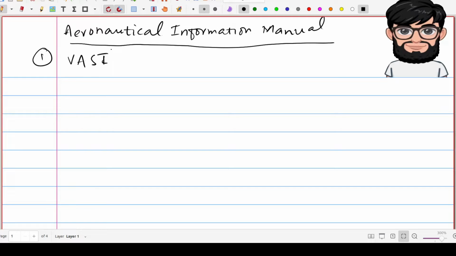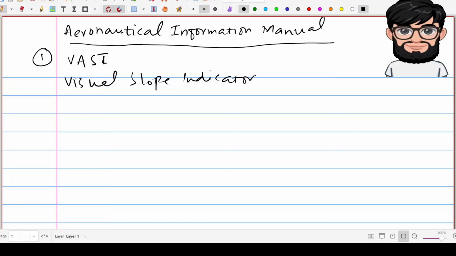VASI stands for Visual Approach Slope Indicator. It's a system of lights so arranged to provide visual descent guidance information during the approach to a runway.